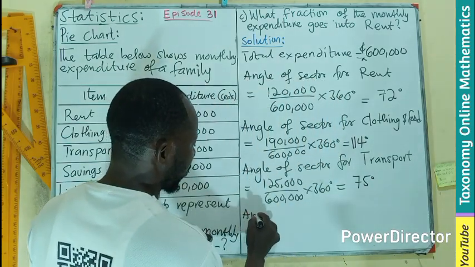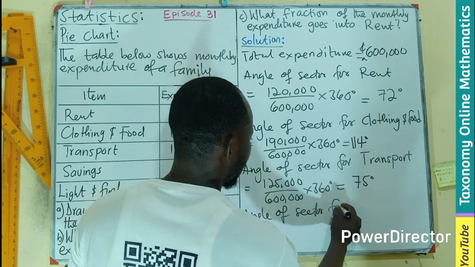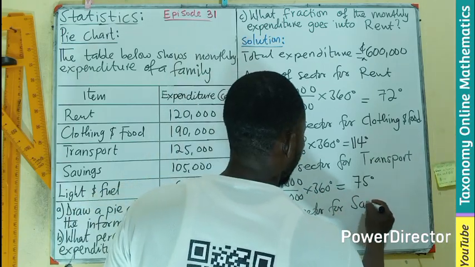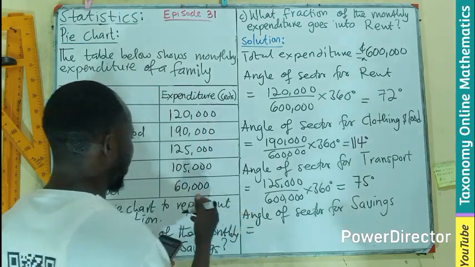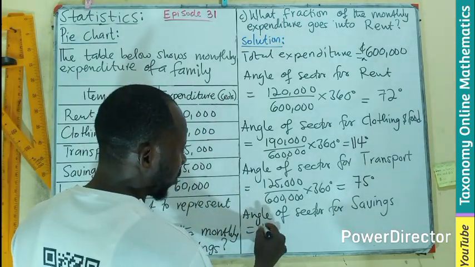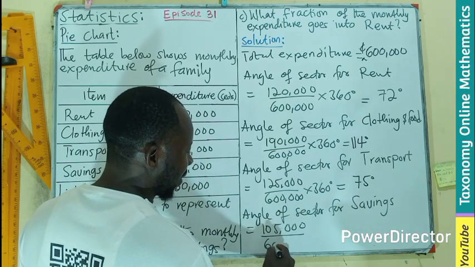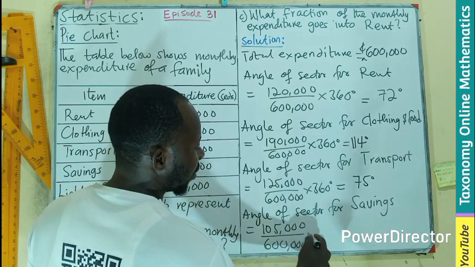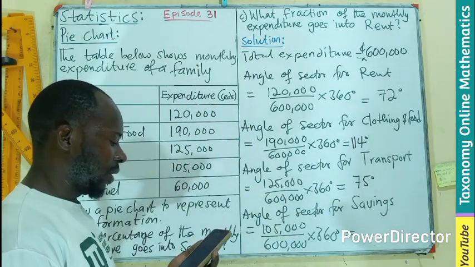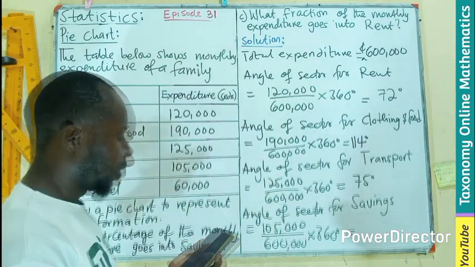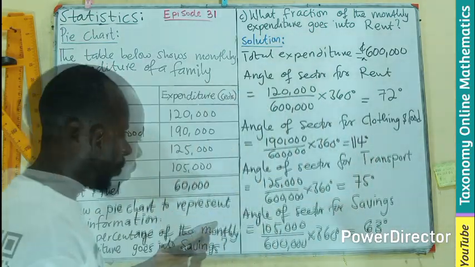Then we go for angle of sector for savings, and that will be the savings, which is 105,000 divided by 600,000 times 360, and that will also give you 63.